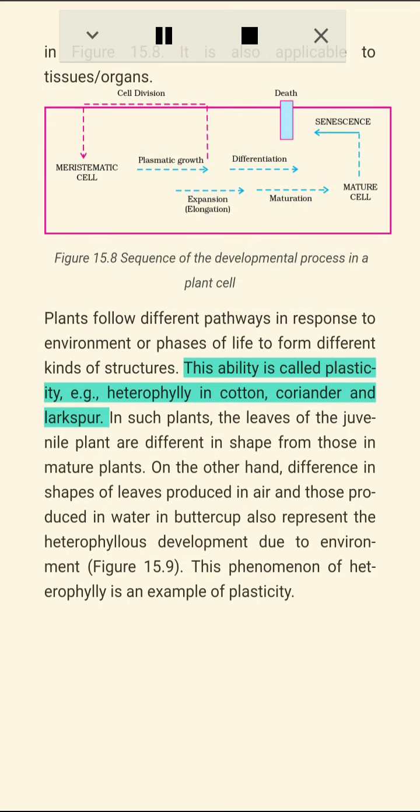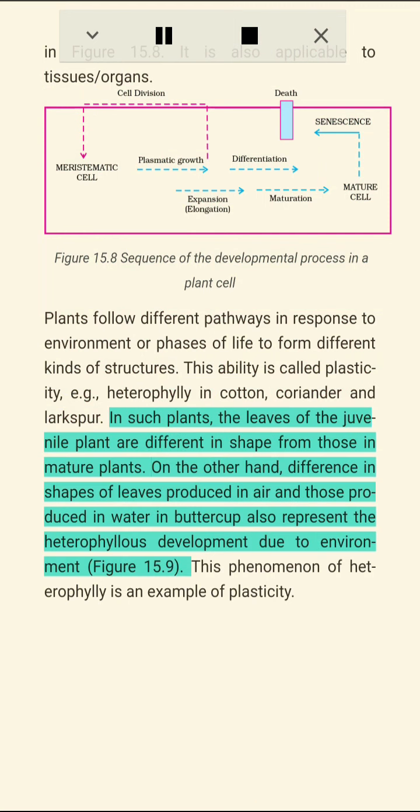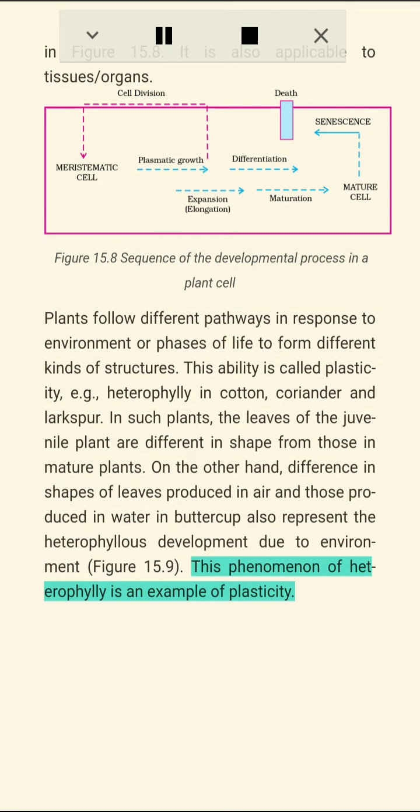Plants follow different pathways in response to environment or phases of life to form different kinds of structures. This ability is called plasticity, e.g., heterophylly in cotton, coriander and larkspur. In such plants, the leaves of the juvenile plant are different in shape from those in mature plants. On the other hand, difference in shapes of leaves produced in air and those produced in water in buttercup also represent the heterophyllous development due to environment.